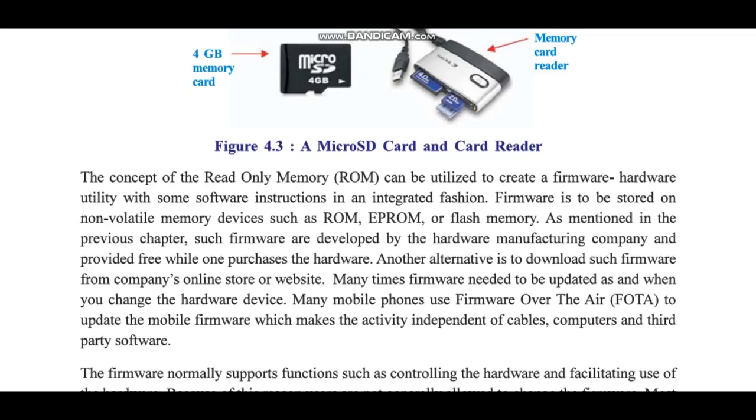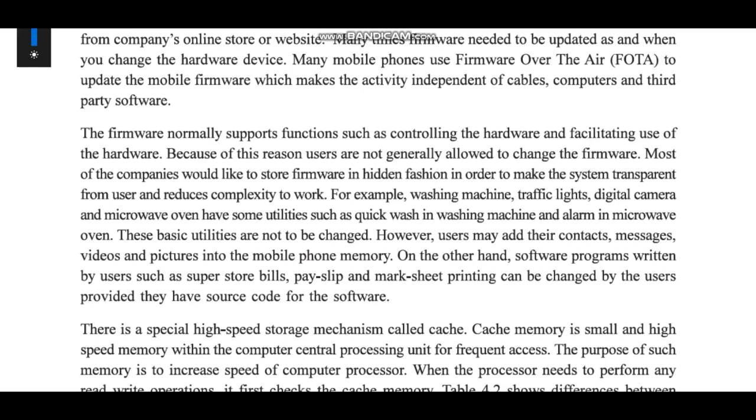Many mobile phones get firmware over the air to update your mobile firmware, which makes the activity independent of cables, computers, and third party software. This firmware normally supports functions such as controlling the hardware as well as facilitating use of this hardware.